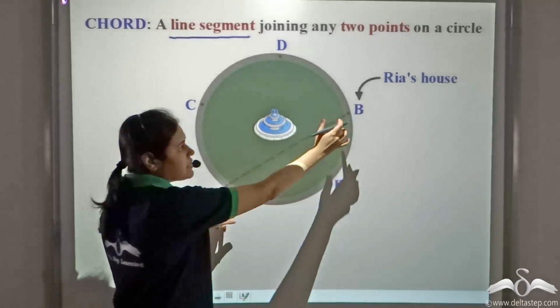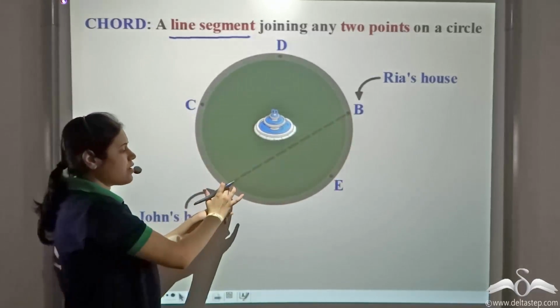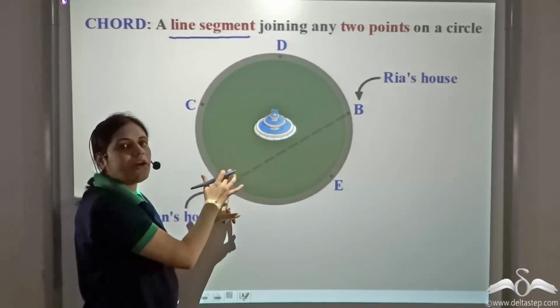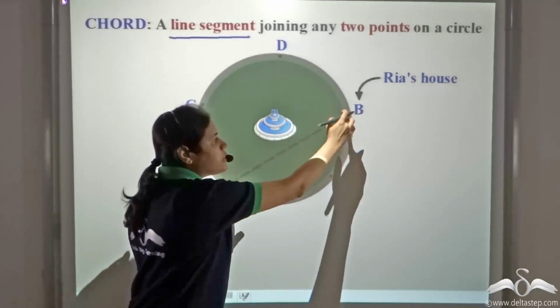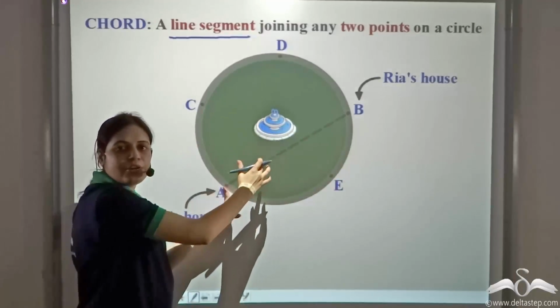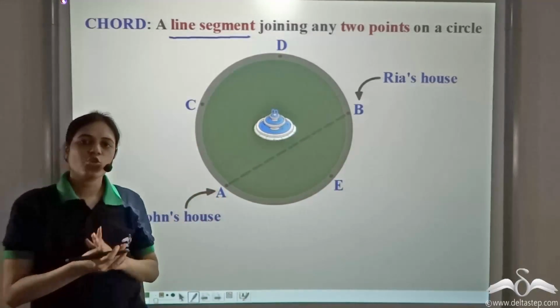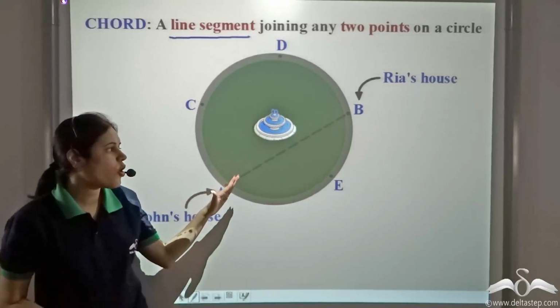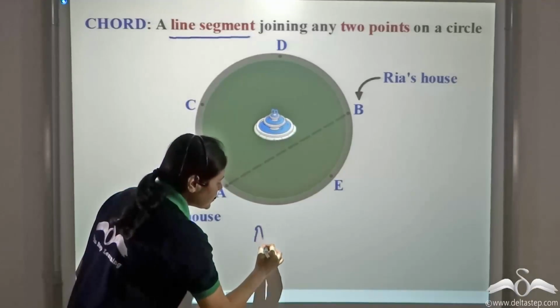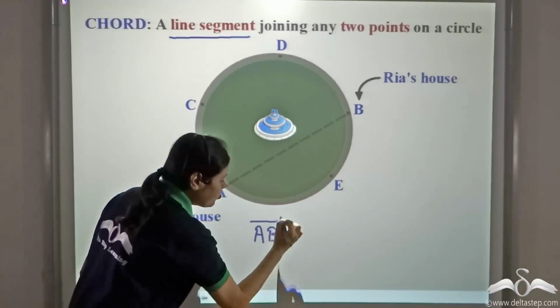So John takes this path, that is from A to B. He goes from point A on the circle to point B on the circle through this straight line segment. So we can say that John travels on chord AB of this circle and we represent it as AB.